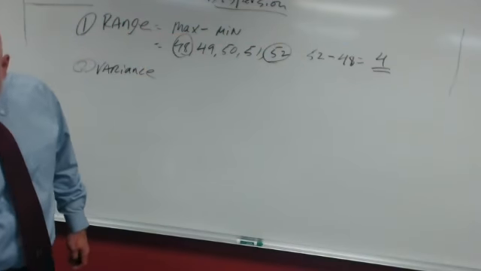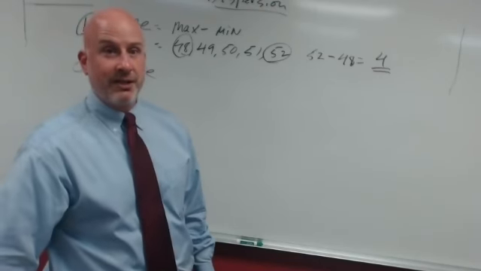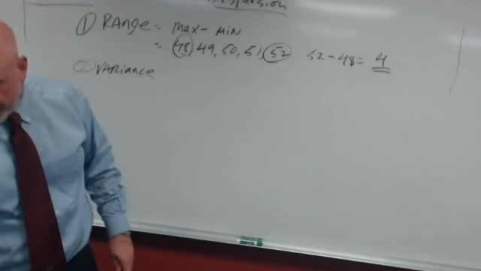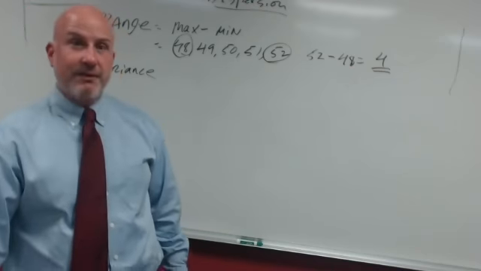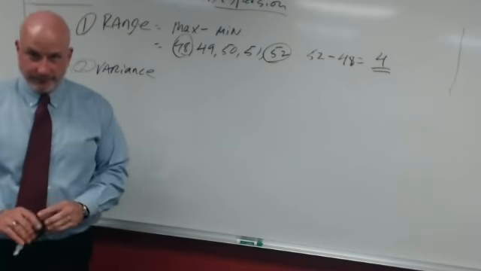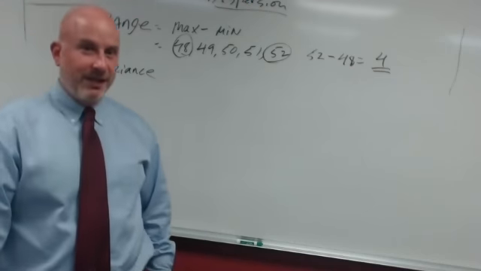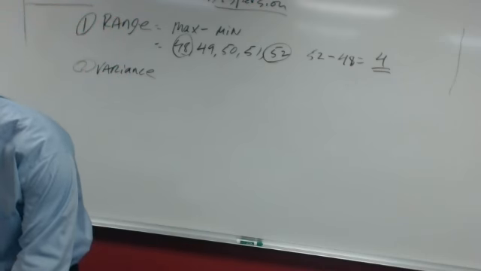Here's our textbook definition of the variance: the arithmetic mean of the squared deviations from the mean. That's a lot to follow, so remember what I just said and let's look at this example in the book.